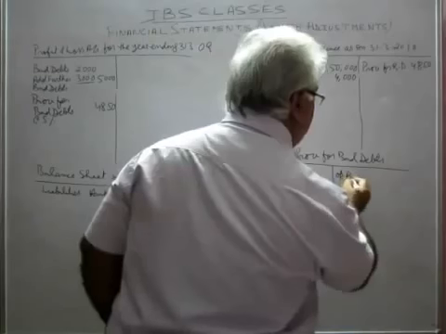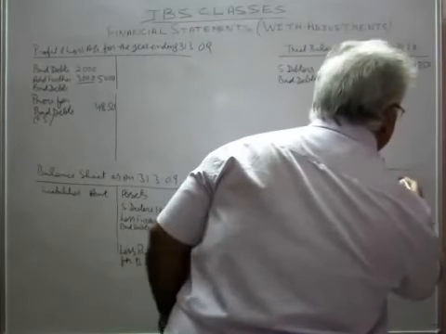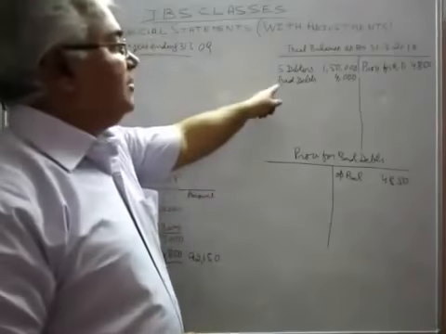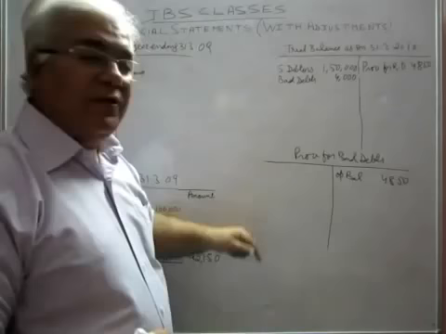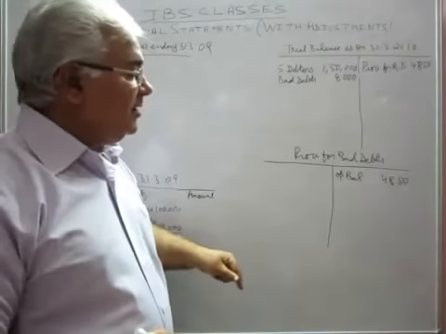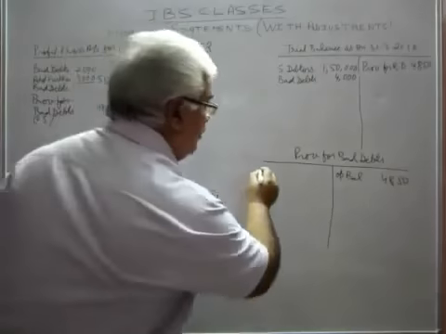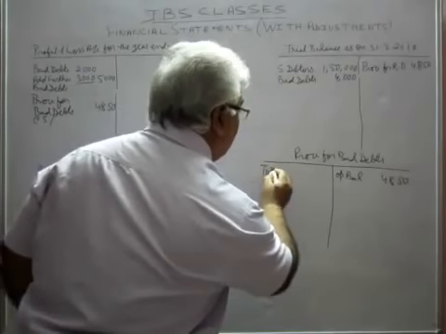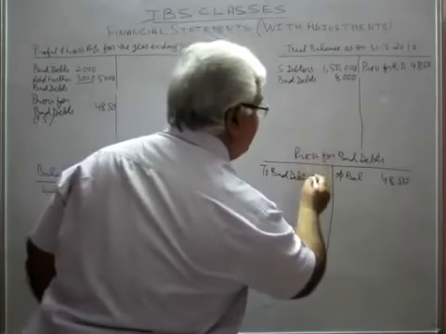So this is the opening balance, 4850. And this amount of bad debts which are appearing in the trial balance will be shifted to provision for bad debt. Entry for that will be provision for bad debt account debit to bad debts. So to bad debts 4,000.